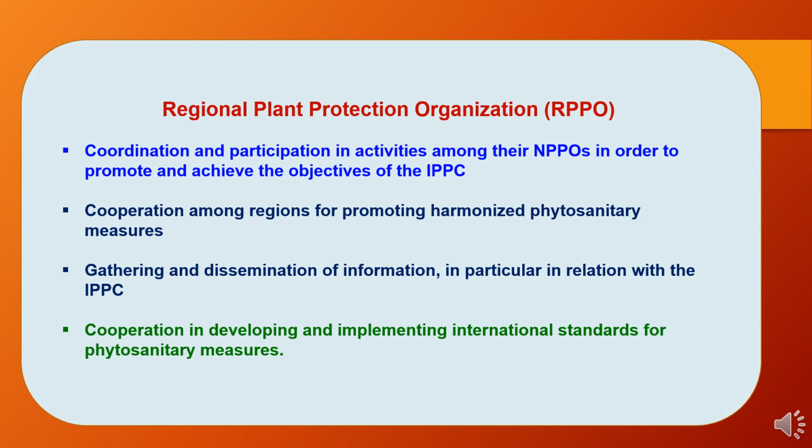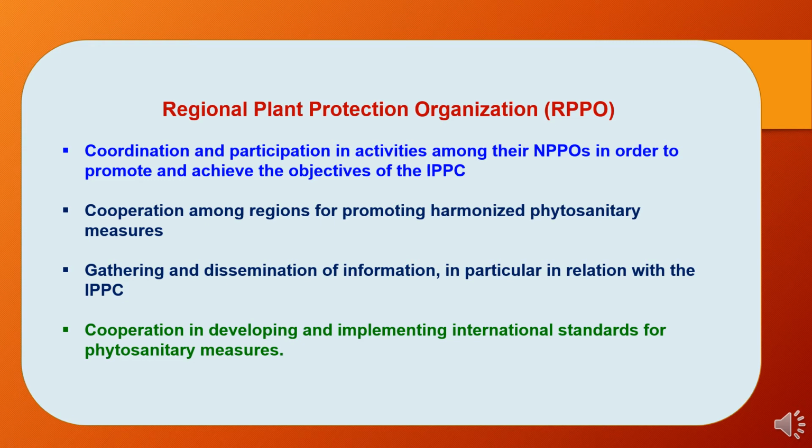The Regional Plant Protection Organization, RPPO, is also working on international quarantine objectives, and its functions can be defined as coordination and participation in activities among their National Plant Protection Organizations in order to promote and achieve the objectives of the International Plant Protection Convention. There should be cooperation among regions for promoting harmonized phytosanitary measures, for which the Regional Plant Protection Organization is working.